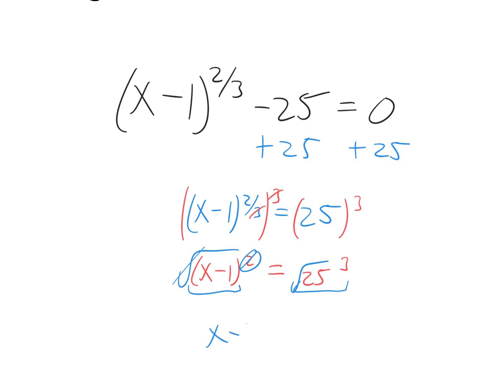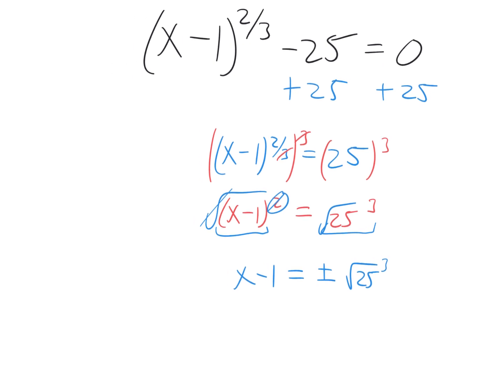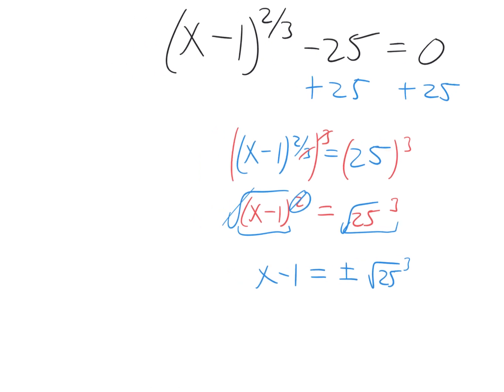So then we get x minus 1 equals plus or minus the square root of 25 cubed. If you remember from our radicals section, these are interchangeable. So 25 cubed under the radical is the same as if you were to first square root 25 and then cube it. They mean the same thing, they're interchangeable.